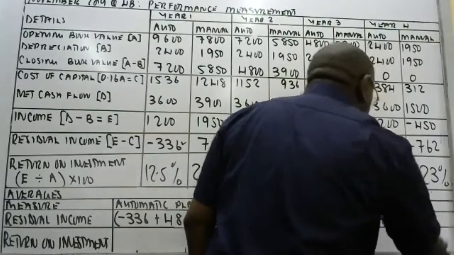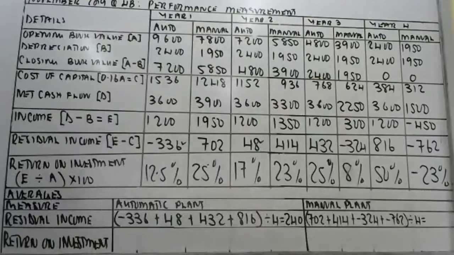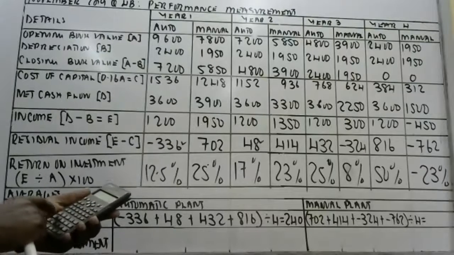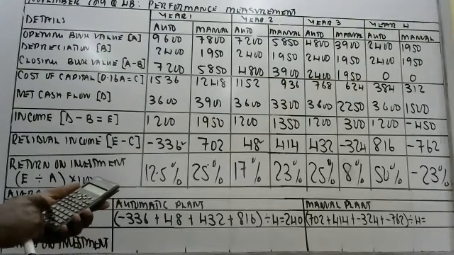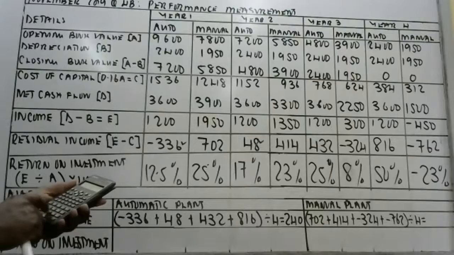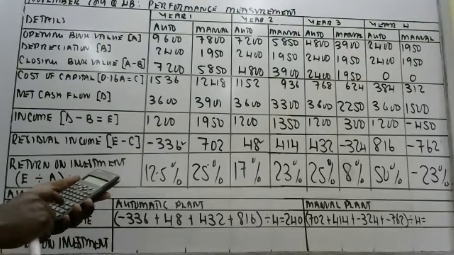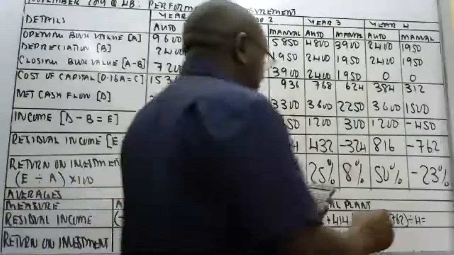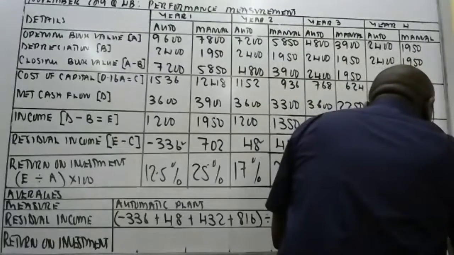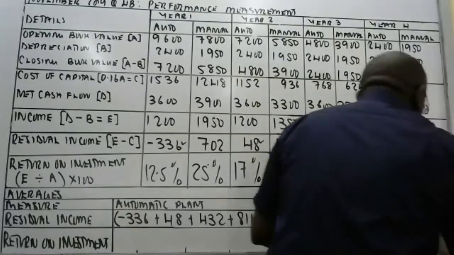You divide by 4. So 702 plus 414 minus 324 minus 762, divide by 4, is giving us 7.5.